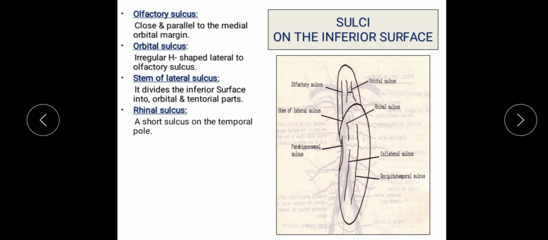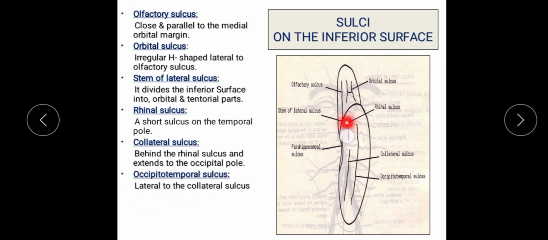Rhinal sulcus. In the anterior part of the temporal lobe, there is a small vertical sulcus known as rhinal sulcus. Collateral sulcus, behind the rhinal sulcus, extends up to the occipital pole.